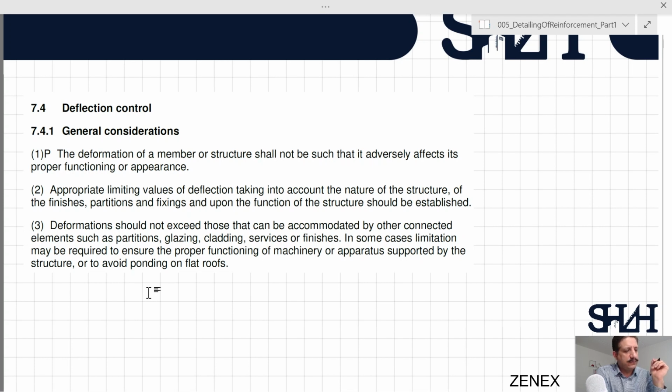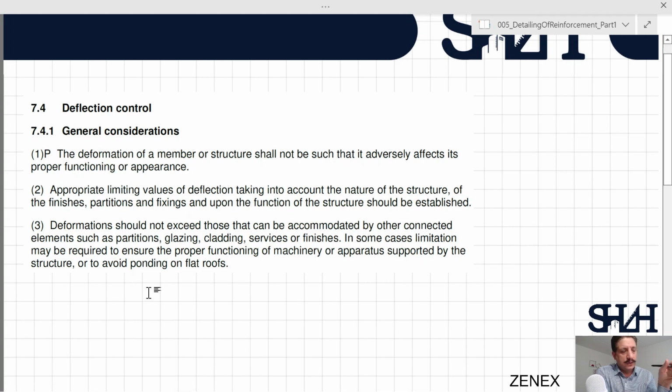And number 3, deformations should not exceed those that can be accommodated by other connected elements such as partitions, glazing, cladding, services, or finishes. In some cases, limitation may be required to ensure the proper functioning of machinery or apparatus supported by the structure or to avoid ponding on flat roofs.